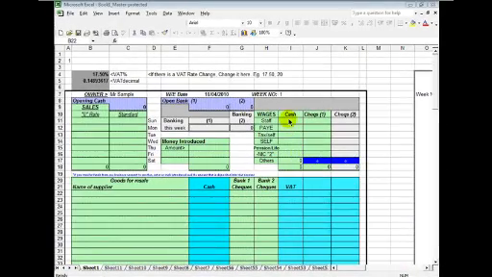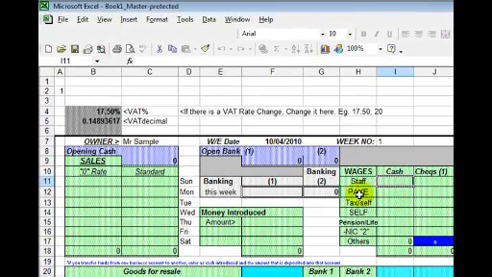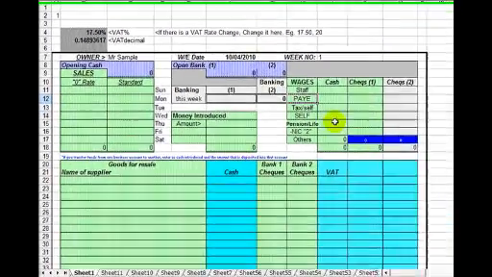And then on this column you've got your wages details that you pay for your staff. Either you pay them cash or check, and obviously the PAYE, pay as you earn, that you pay to the collector of taxes. And here is a provision for your own drawings, on the side.